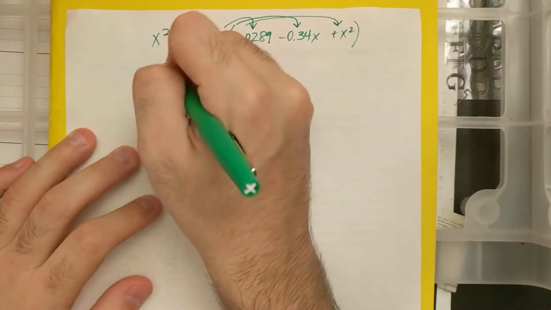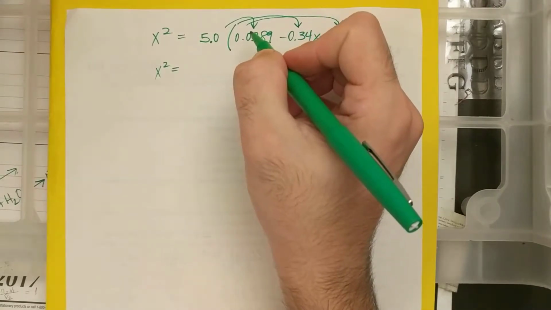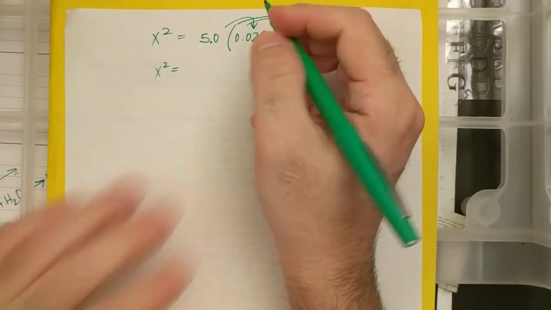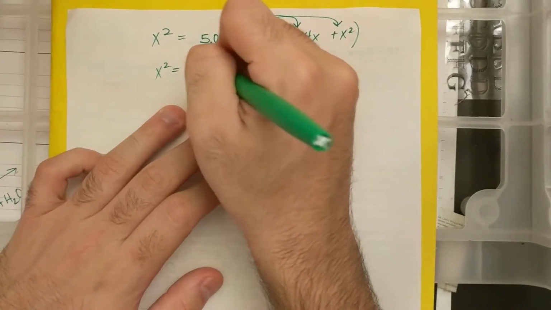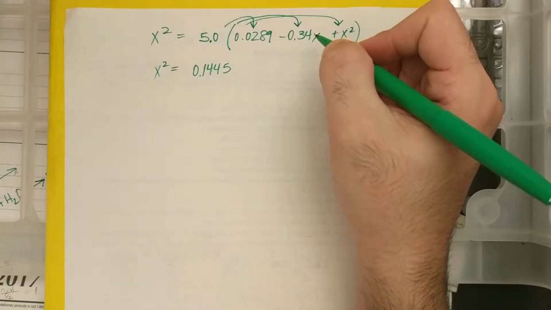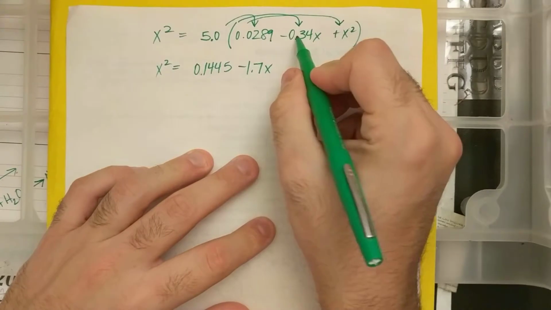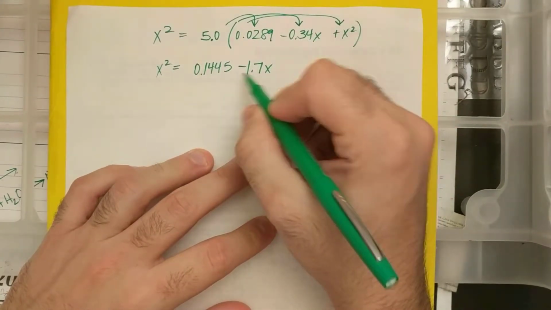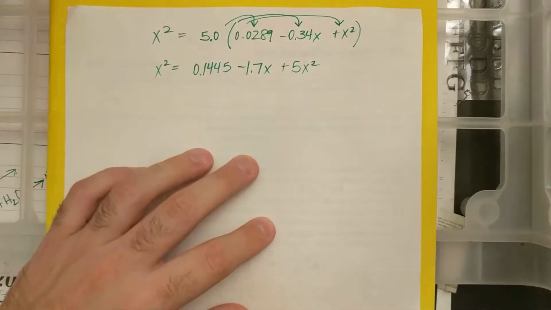So if I do this, I'll get x squared equals 5 times 0.0289, which is 0.1445. Then 5 times minus 0.34 is going to be minus 1.7x. And then 5 times x squared, of course, is plus 5x squared.